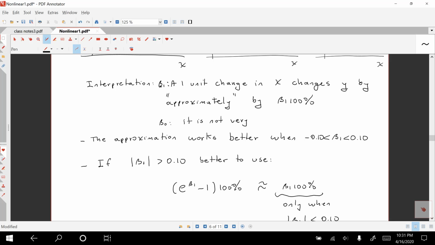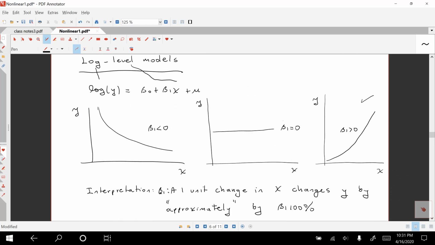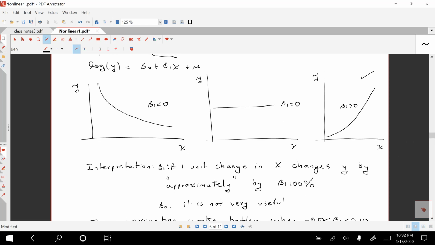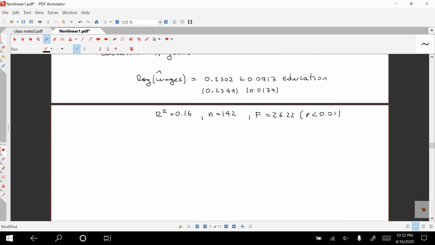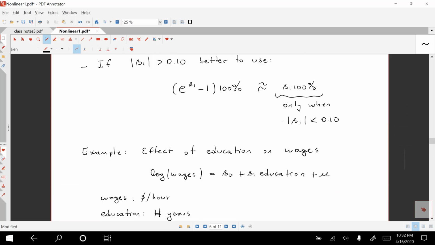We cannot say that beta naught is the value of the log of y when x is equal to 0, because it's hard to think in terms of the log. So we don't emphasize that interpretation; we emphasize the interpretation of the beta 1 coefficient. Sorry for that digression.